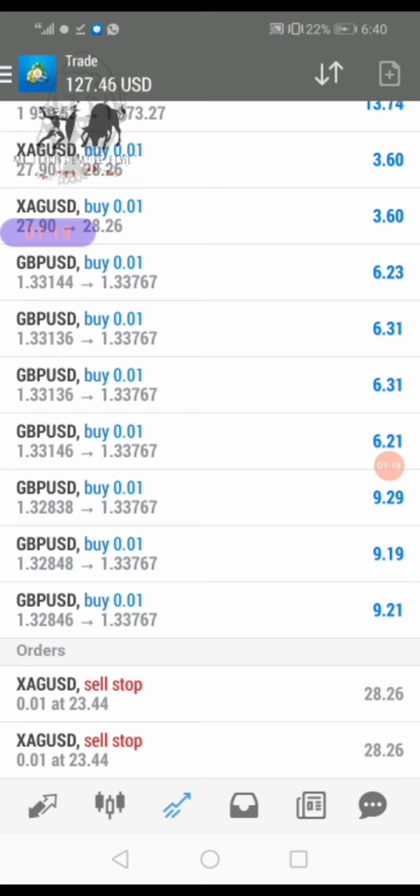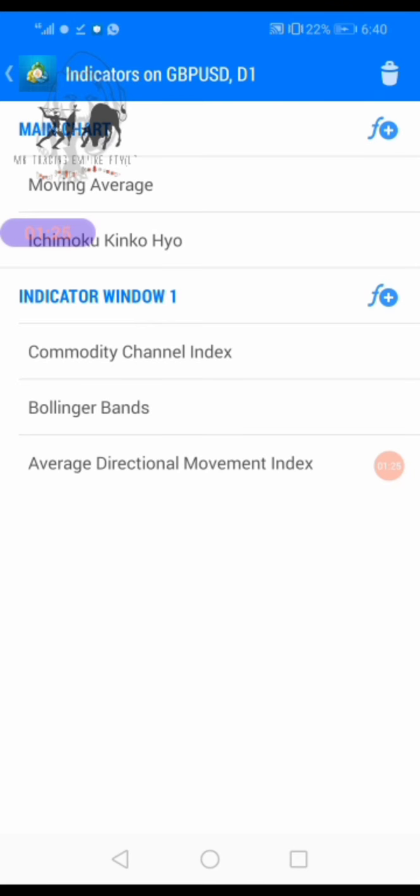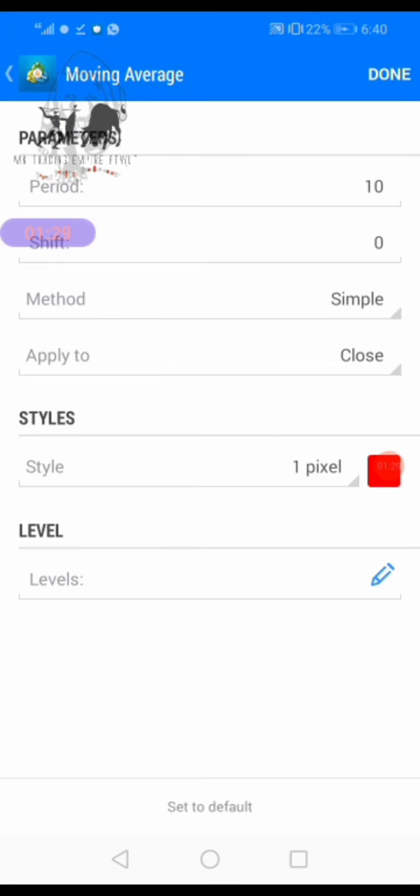Before I say anything, let me give you the settings. On the main chart we have a moving average of 10, shift is 0, method is simple, applied to close, style is one pixel and red.